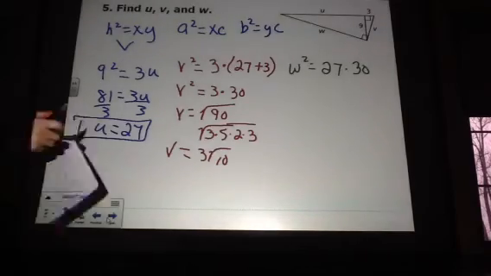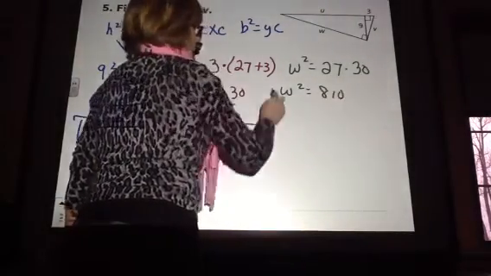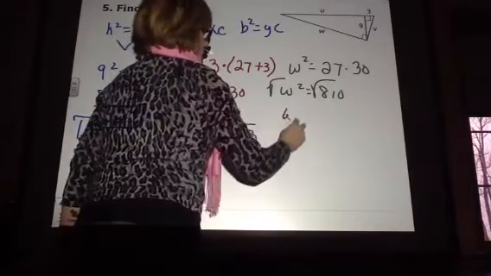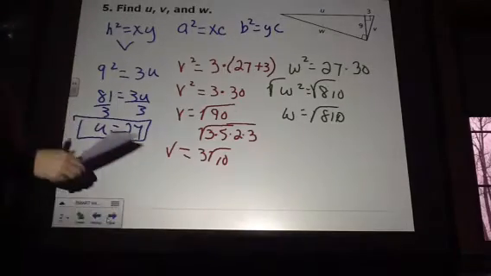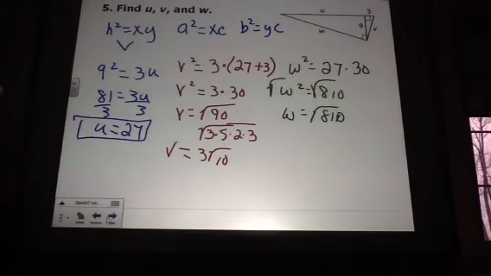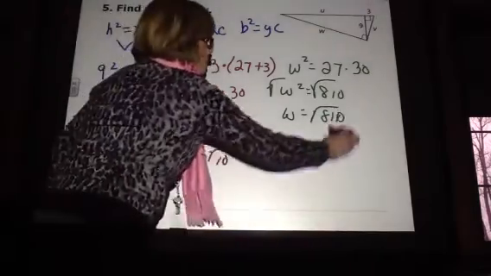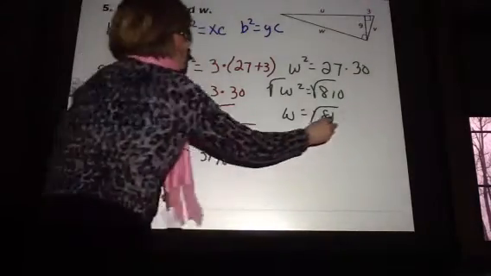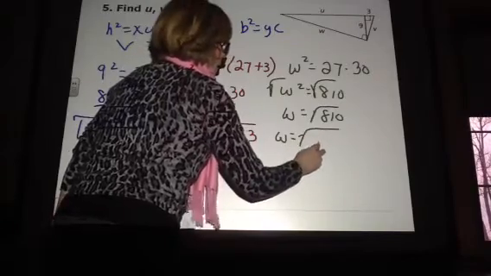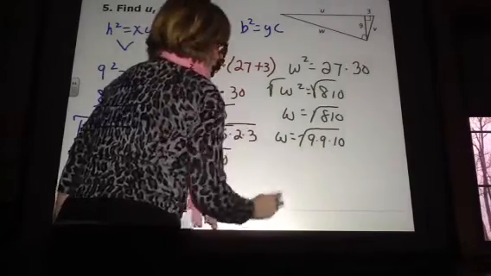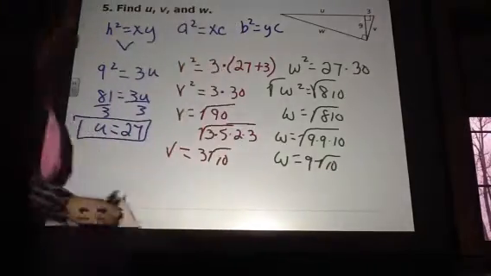So W squared is going to equal 810, and take the square root. The square root of 810. All right, so how can we break this down? Well, 81 is 9 times 9, then times 10, so W equals 9 times square root of 10.